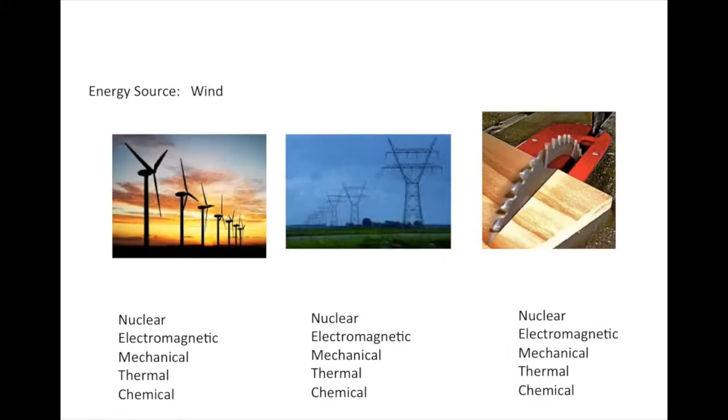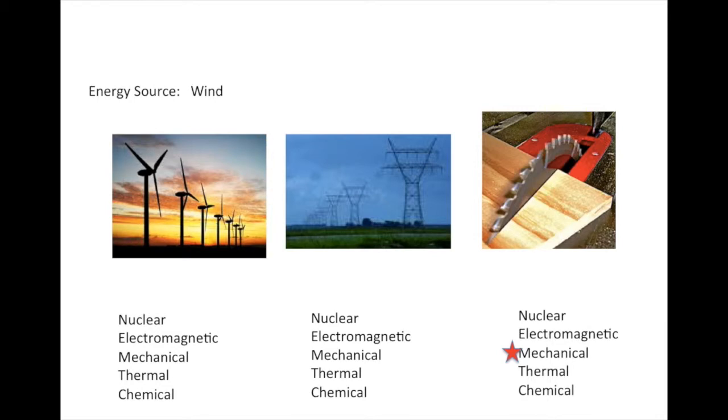Okay, here our energy source is wind, and again we're going to start at the end of this. We have turbines, we have power lines, and then we have a table saw cutting through wood. So the table saw that's cutting through wood, that's an example of mechanical energy. There's probably some thermal energy there as well.